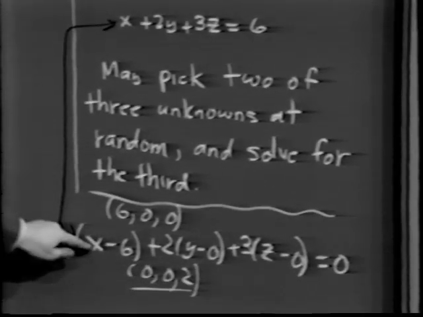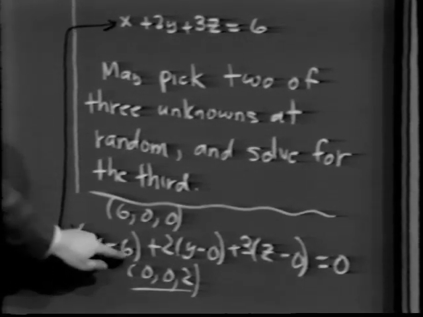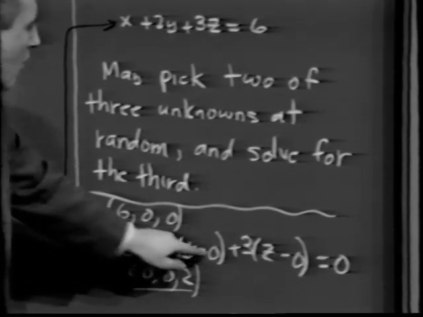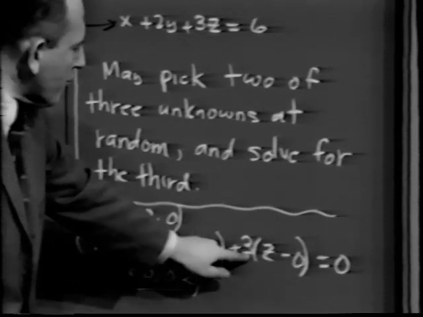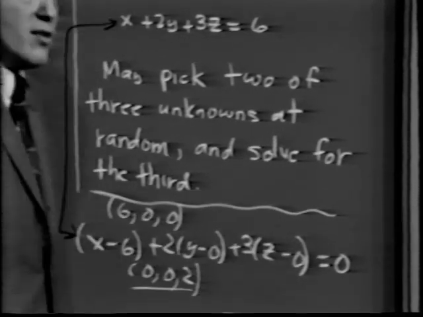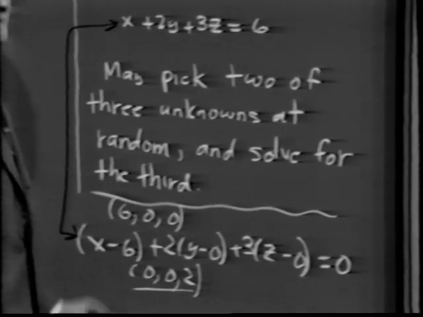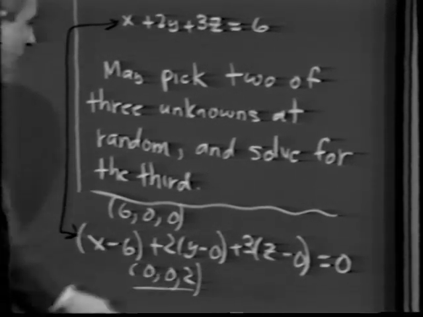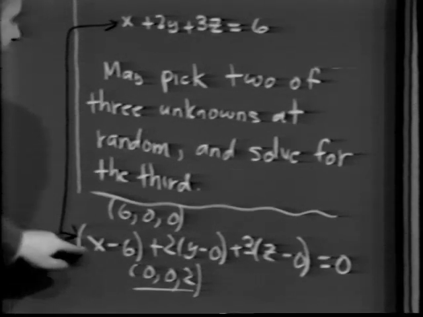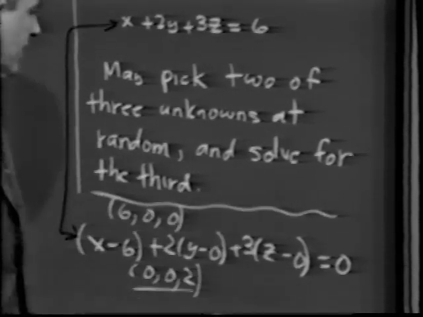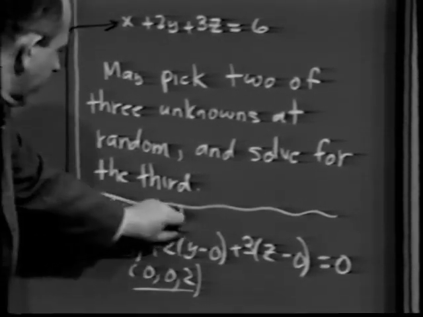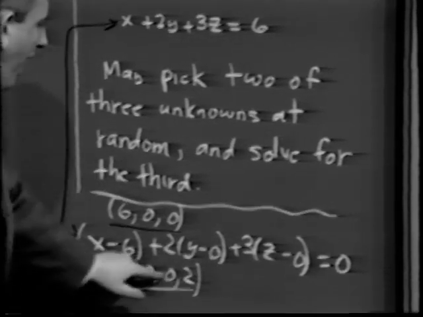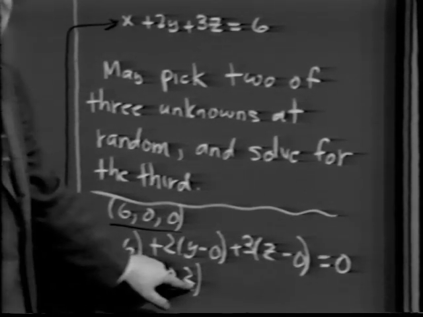And you could have written the equation now as what? x minus 0 plus twice y minus 0 plus 3 times z minus 2 equals 0. That would be the equation of the plane that passed through (0, 0, 2) and had as its normal i plus 2j plus 3k. Of course, what happens is that (6, 0, 0) and (0, 0, 2) belong to the same plane.